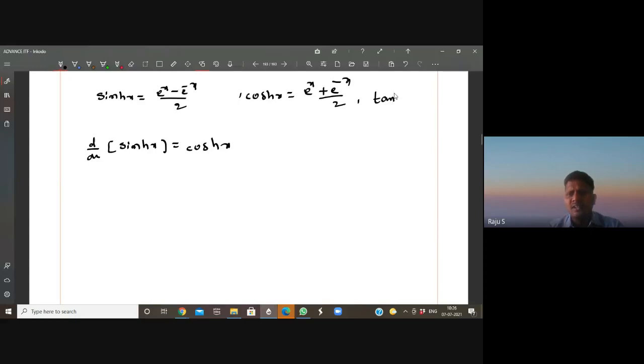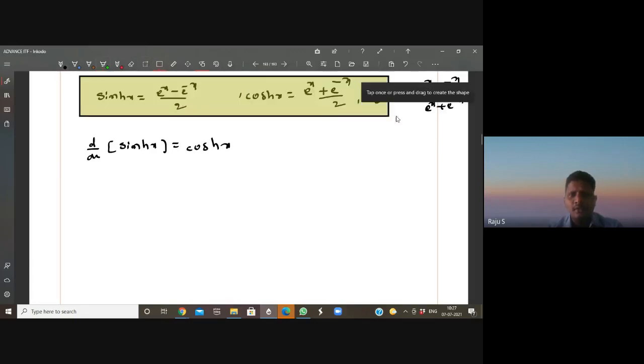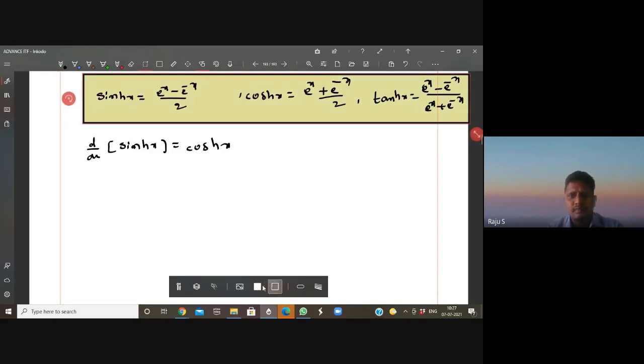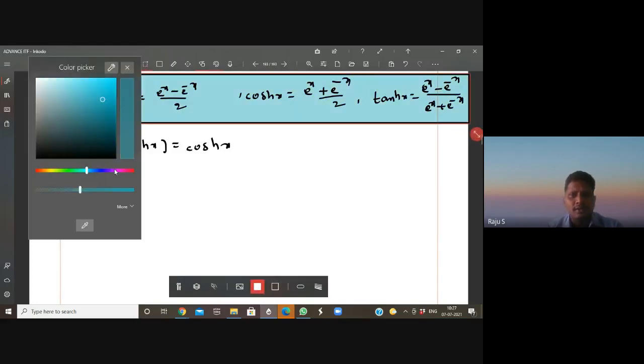After that, tan hx is clearly sin hx by cos hx, that is e power x minus e power minus x by e power x plus e power minus x. Once we know sin hx and cos hx, the remaining hyperbolic functions we can easily write in terms of e power x. Fine, like that.